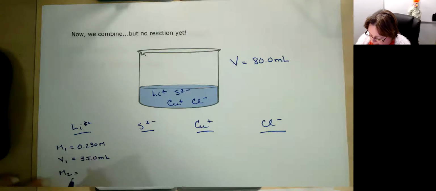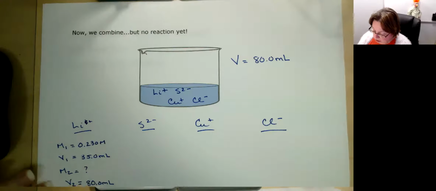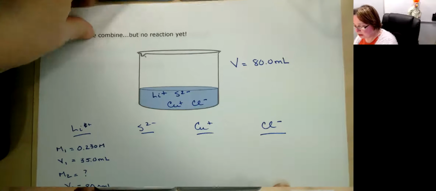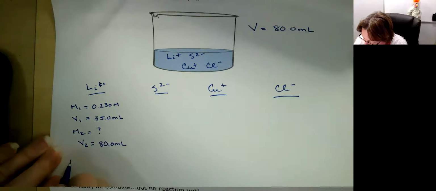Our final molarity, when it's all been diluted, that's what we're looking for. And our final volume is this new combined volume that everything is running around in, 80.0 milliliters. So we can set this up like a dilution problem and solve for the missing part.